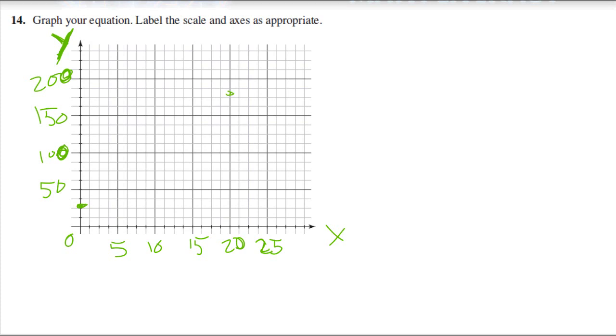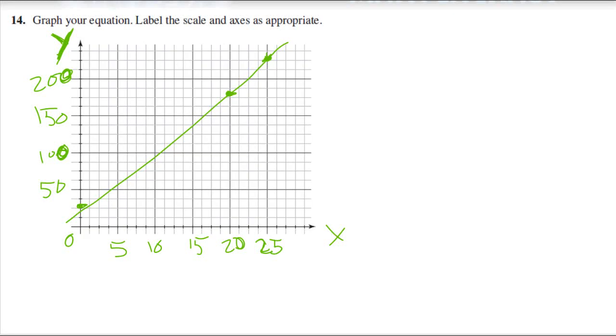A little bit more than 175 is going to be my 188. At 25, we sold 228, and that's a little bit more than 225. Okay. So I've got my graph there.